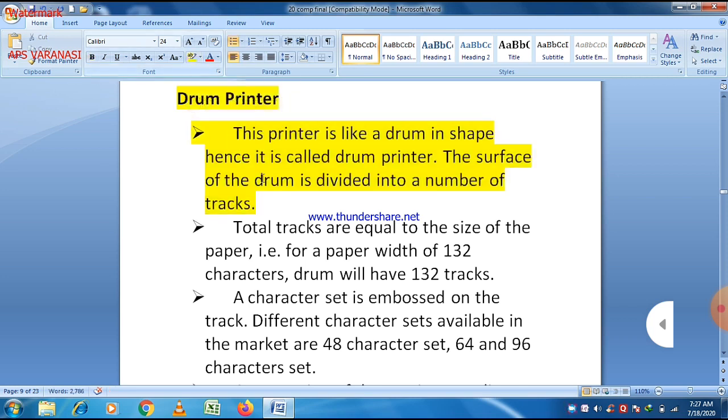And the second point is that the total tracks are equal to the size of the paper.